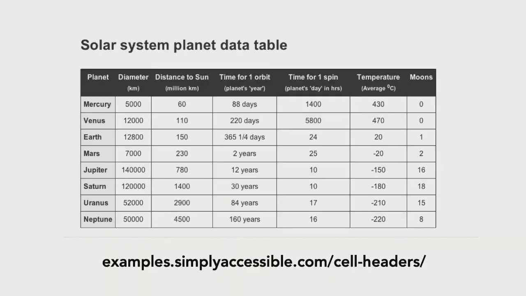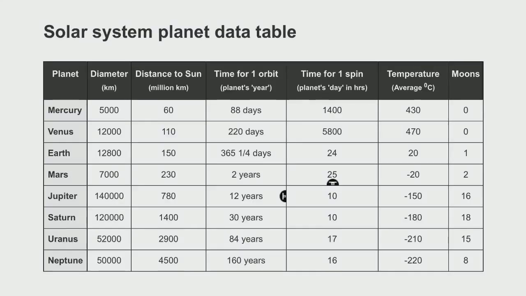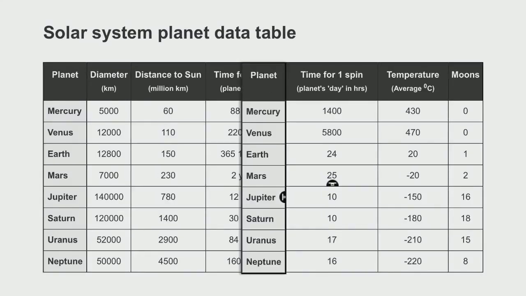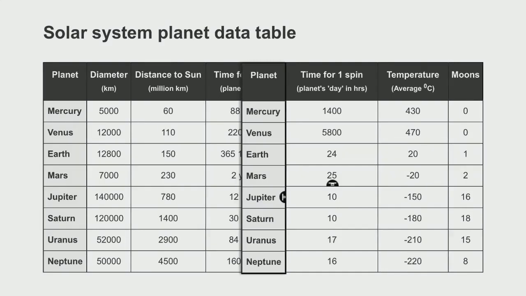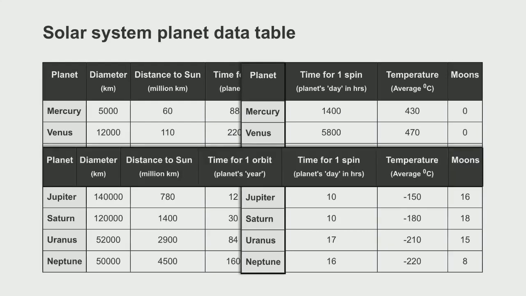We had some other versions of it as well, where we would pull in the entire header column or the entire header row, because for some things, the task you're trying to complete is about comparing one thing to another, right? Comparing one planet to another. So in this case, we pulled in that entire first column, or the entire first row, to bring them all there. There are lots of different variations.